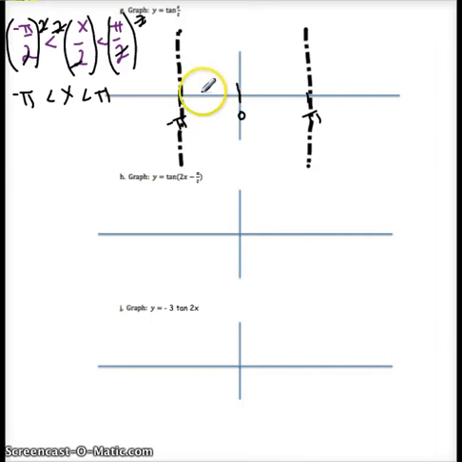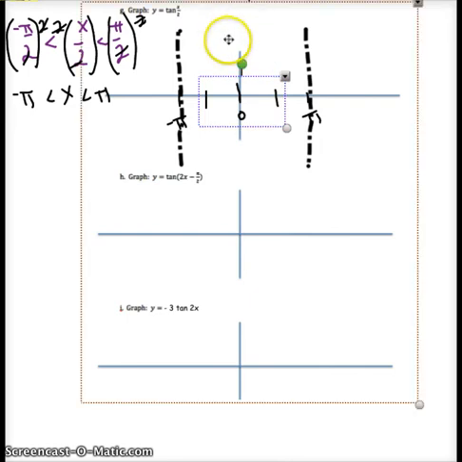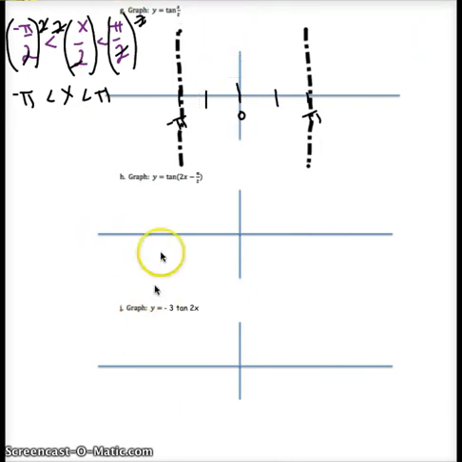And then we have our quarter mark to the left and our quarter mark to the right. If we look at this equation, the coefficient of tangent is 1. So we should have the y-axis labeled with positive 1 and negative 1. So let's make sure that we have this labeled.